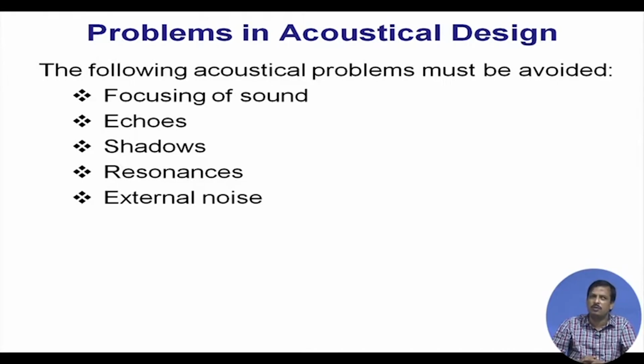We discussed diffraction. If there is an obstacle to the sound, it creates sound diffraction. So, due to the diffraction a shadow will be created. I do not want a shadow region in the auditorium. Then I do not want resonance to happen in the auditorium, because I want a reverberant sound to fill the auditorium.